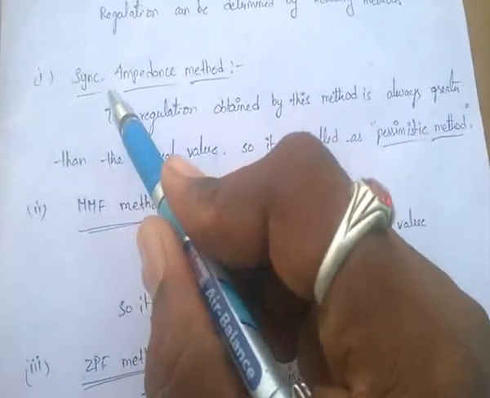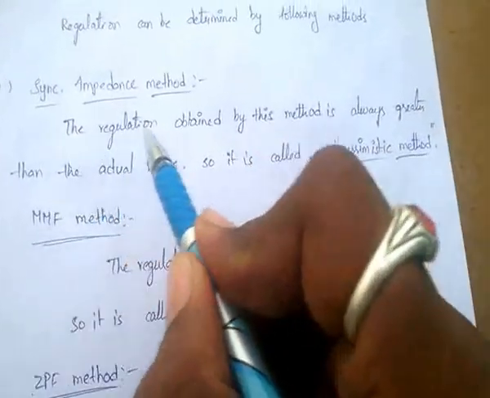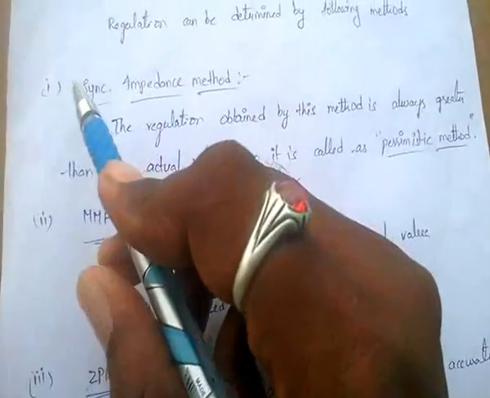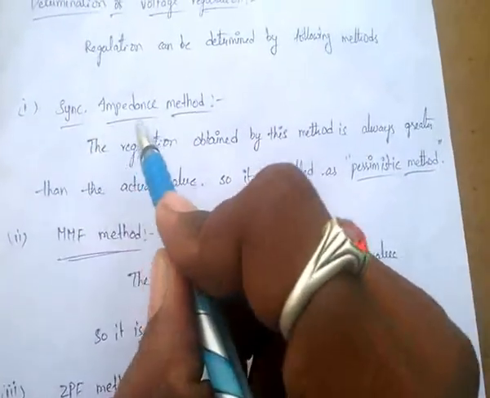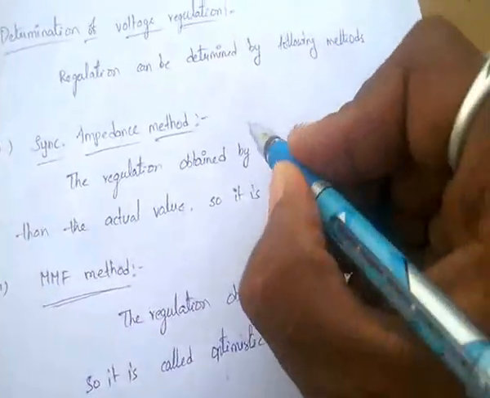First, synchronous impedance method. The regulation obtained by this synchronous impedance method is always greater than the actual value.